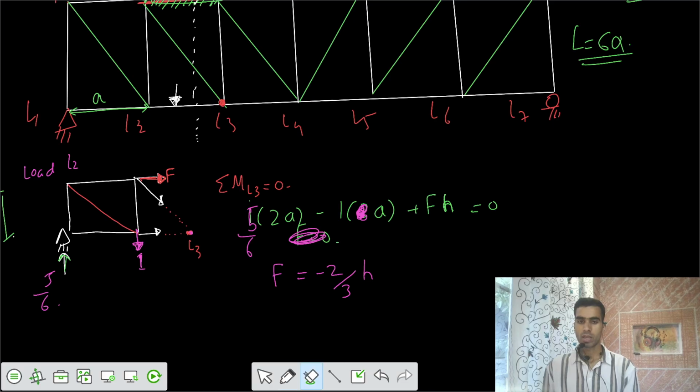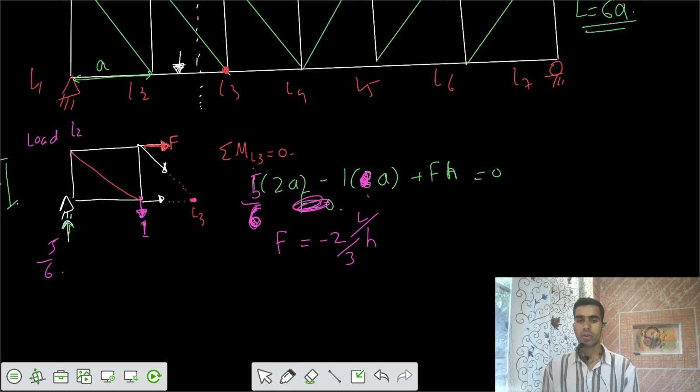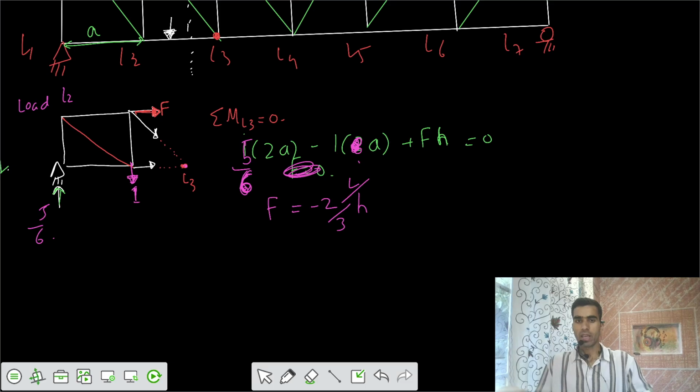Minus 2 by 3 of L by H, where L is actually 6A. So you got this value, or you can solve it in terms of A. I have this 10 by 6 minus 1, so you got this value of 2 by 3.